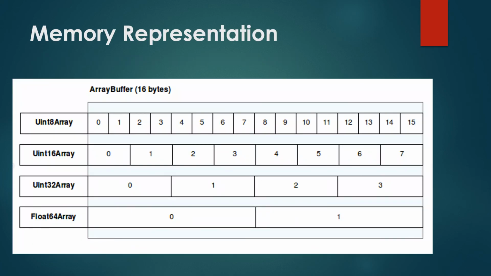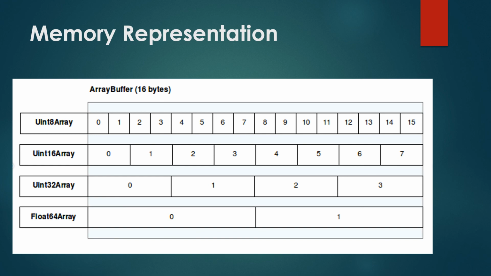Let's get a clear picture of the memory representation of the array buffer. Suppose we create a buffer of 16 bytes. That will be 128 bits of memory.